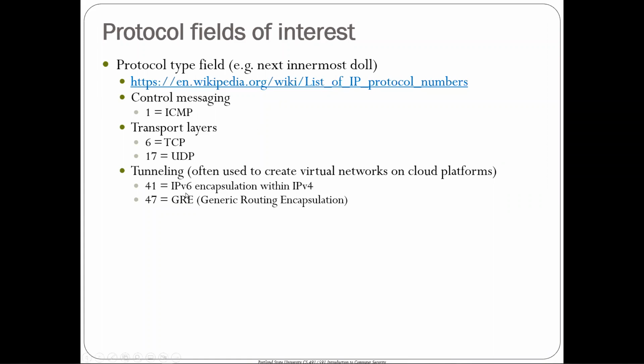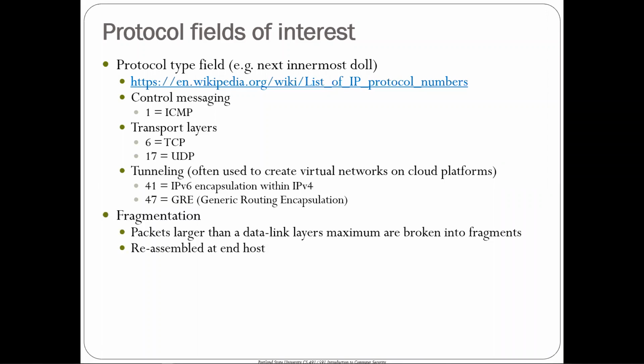When you want to carry IPv6 packets within an IPv4 network, you can use tunneling to wrap another Russian doll layer around a network layer packet. Type 41, and then generic routing encapsulation allows you to create virtual networks on cloud platforms. And so this encapsulation is something that we'll be using when we're talking about virtual private networks and virtual private clouds later on in this layer.